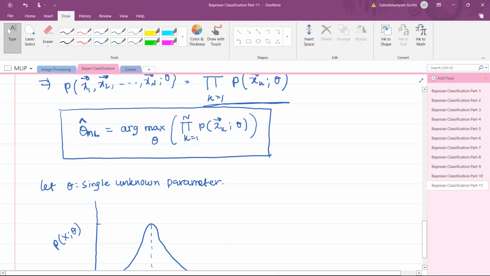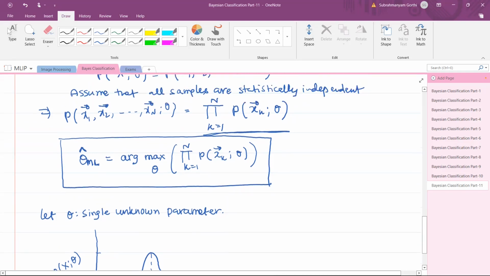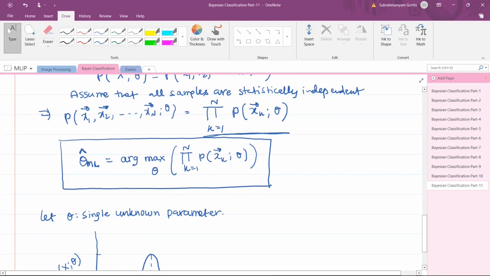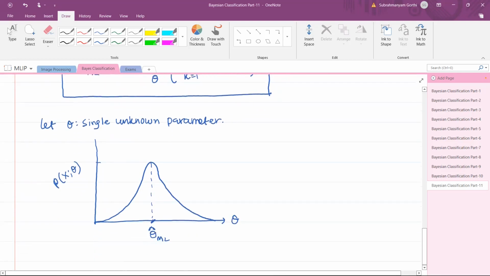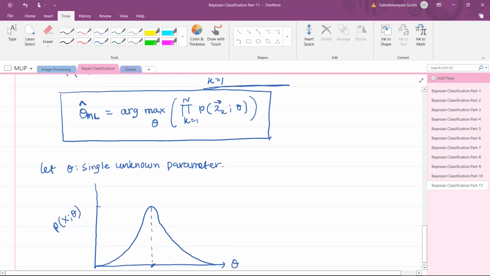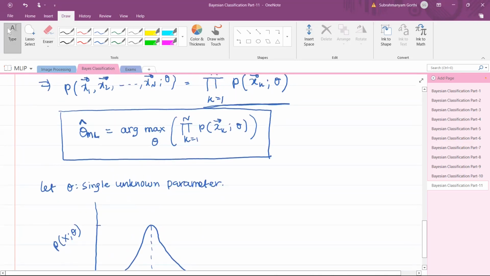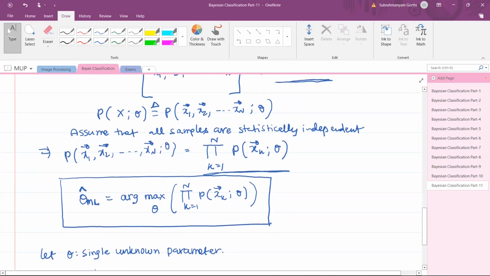Then you are playing by varying or giving different parameters, computing this probability of X given theta, and finally choosing those values of theta for which this probability function, this likelihood function, is maximum.